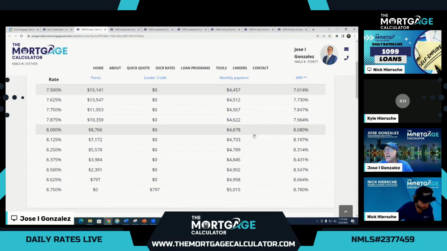And also, as always, please note that on these non-QM programs, there is not ever any mortgage insurance for any loan ever. No matter if your LTV is 90, 85, whatever it is, above 80.01, there is not any mortgage insurance. The rates just go up a little bit, and that takes into consideration any additional risk that the higher interest rate may pose.